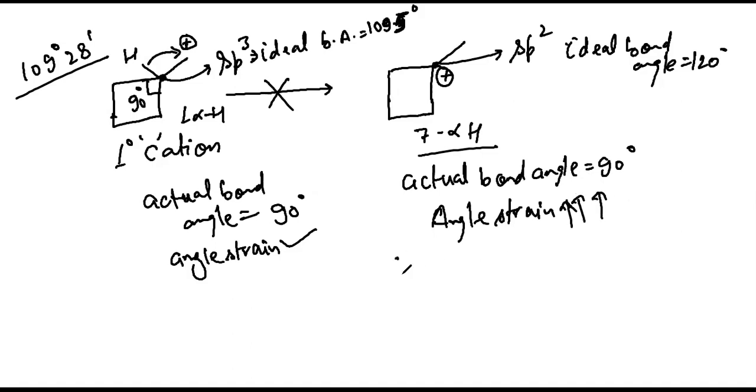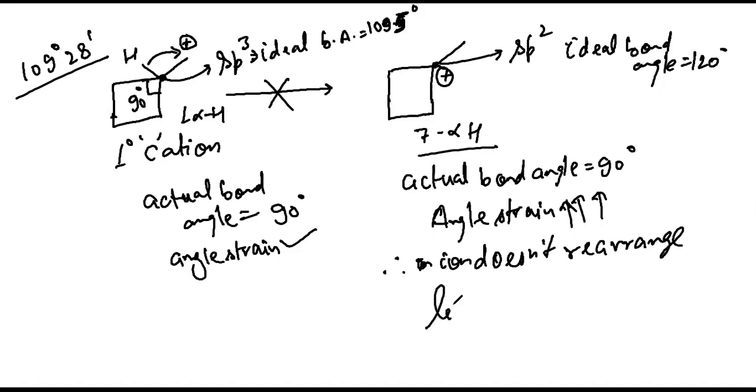That's why the carbocation doesn't rearrange like this. But it wants to become stable, so it will choose some different path. Let me show you. Have you written this?